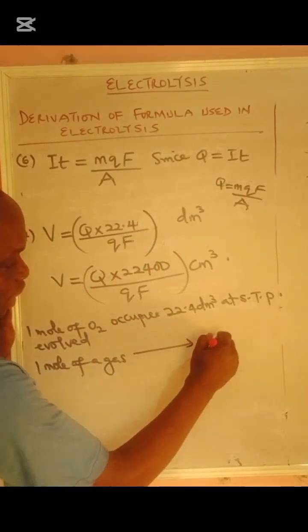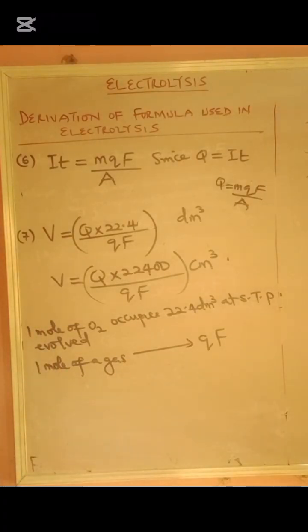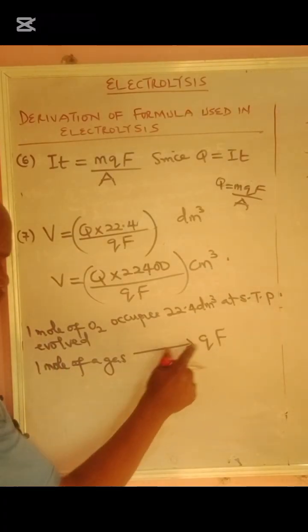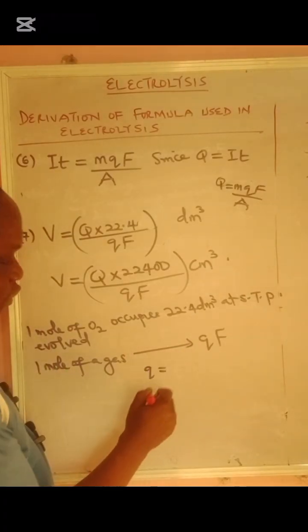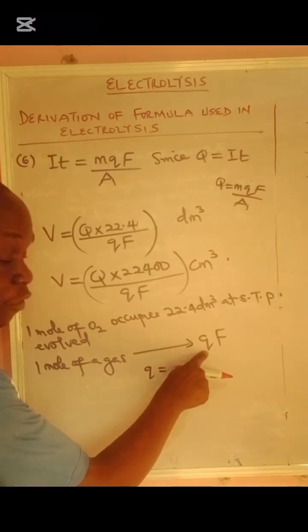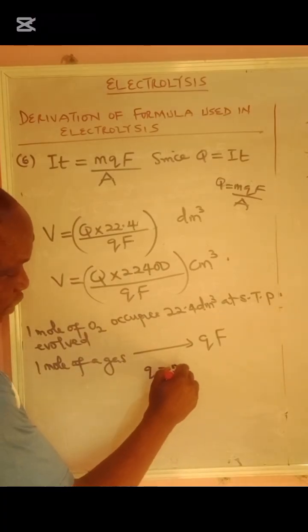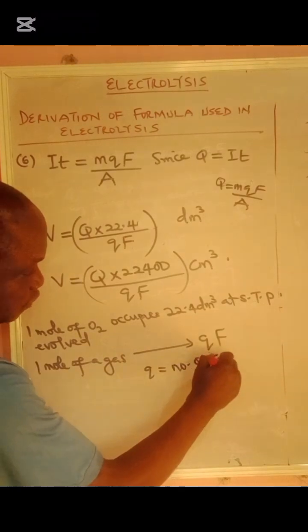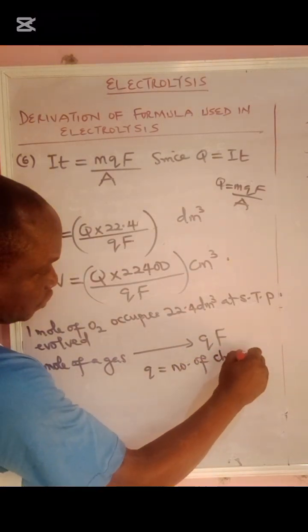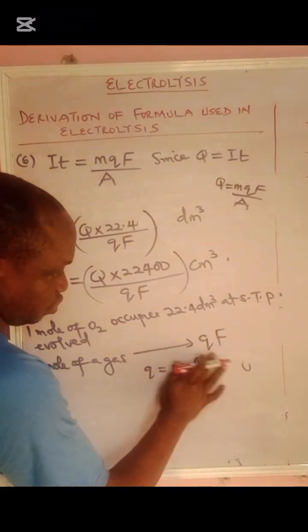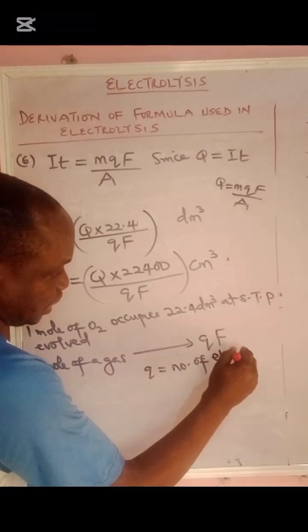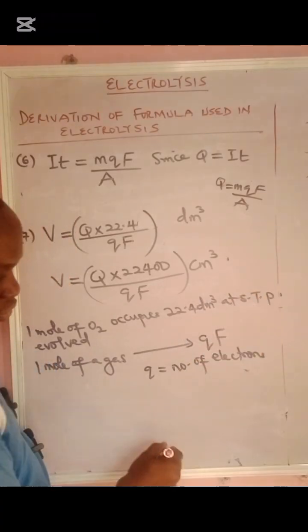Where Q is equals to the number of electrons, or the number of charges, or the charge an element carries.